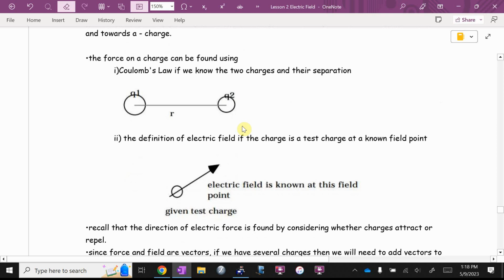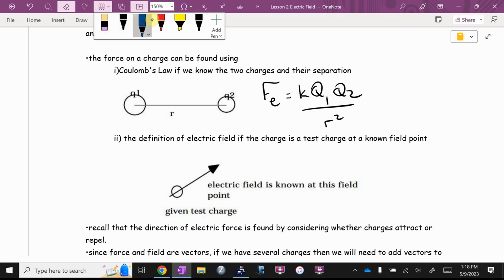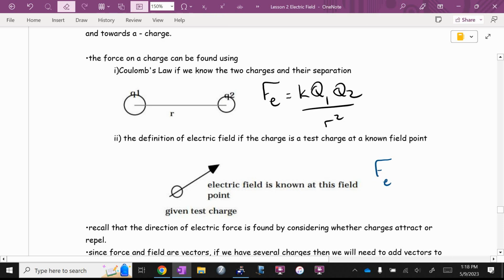Force can be found using Coulomb's law if we know both charges and their separation distance. But the shorter version, if you happen to know the charge at that field point and you happen to know the electric field at that field point, that's the mg, the obvious one, short version of electrostatics.